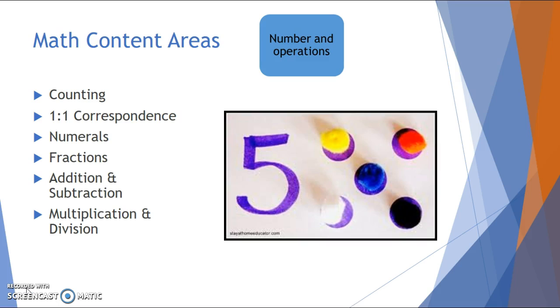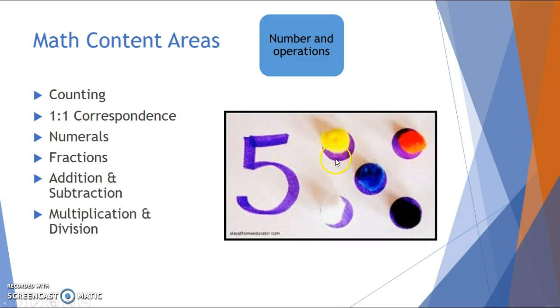This is an example of a math activity that would focus on number and operations. Here I've got 5 dots and I've got 5 pom-pom balls. If I were to count them, I'd go 1, 2, 3, 4, 5. Yellow pom-pom, red, blue, white, and black pom-pom, 1 to 1.